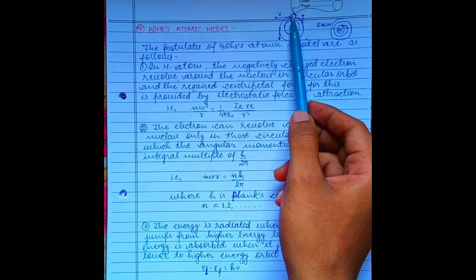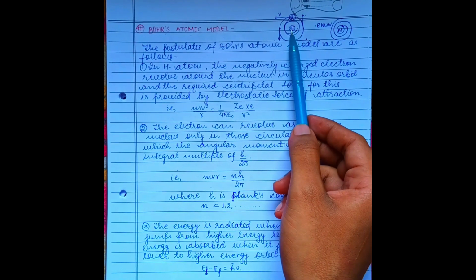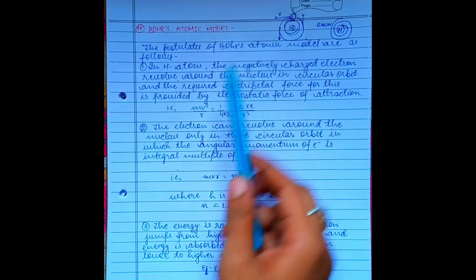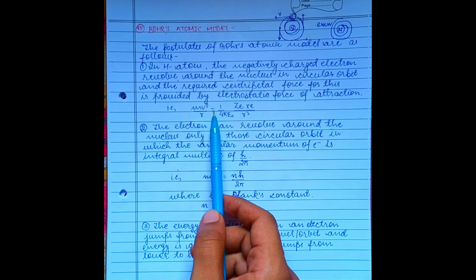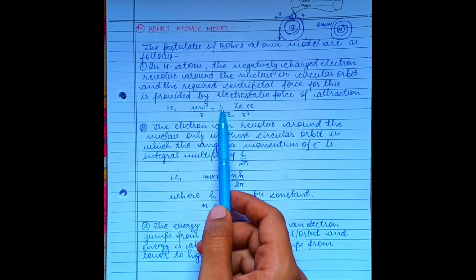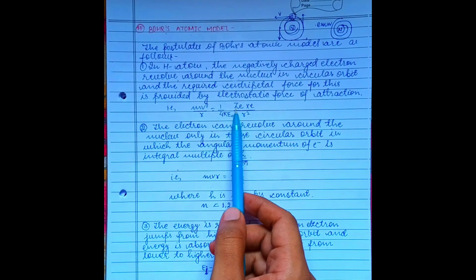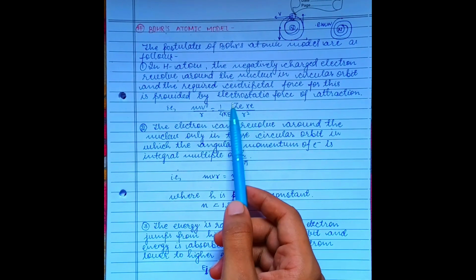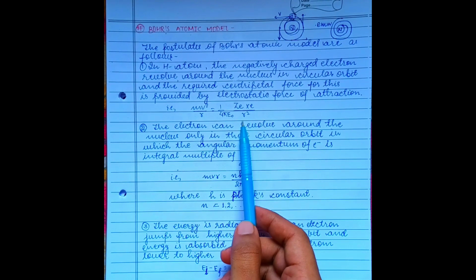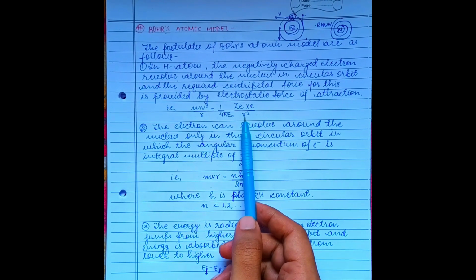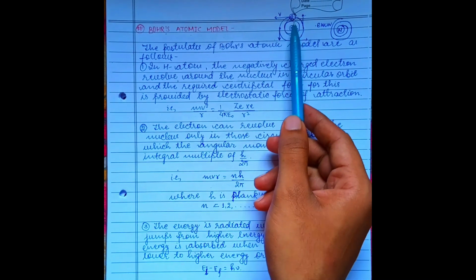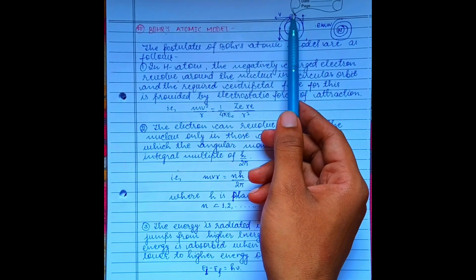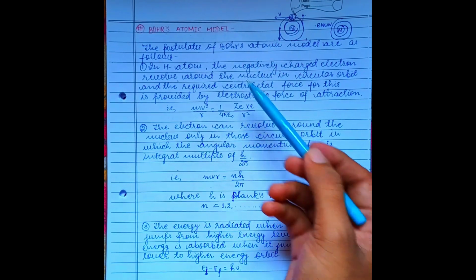Therefore the centripetal force is equal to the electrostatic force of attraction. So mv² upon r is equal to 1 by 4 pi epsilon naught times Ze multiplied by e, where Z is an integer, divided by the square of the distance between the charged particles, that is, the radius of the orbit in which the electron is revolving. So this was the first postulate.